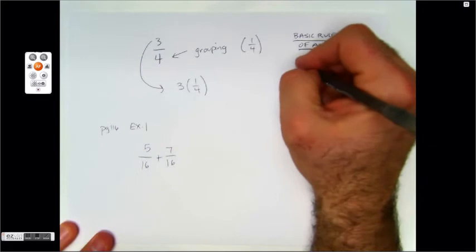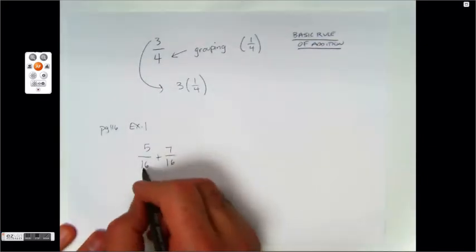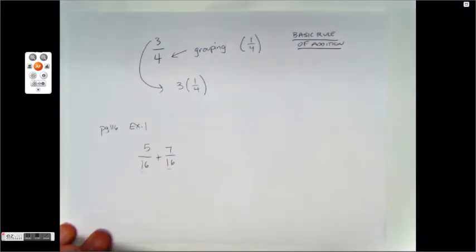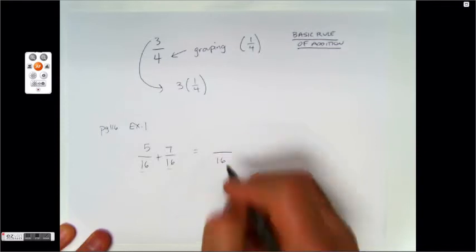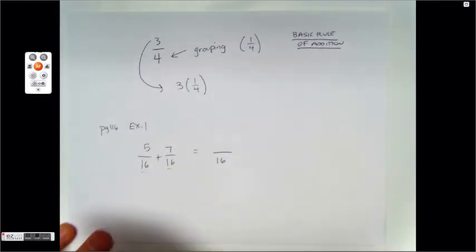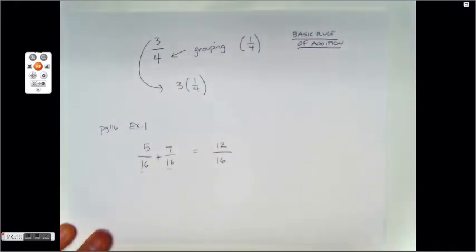The basic rule of addition stated that you can only add things that are alike. We've talked about that many times. Well, let's look at the grouping here. Look at the grouping of 16 and 16, so you can add these together. The way we add them is, the grouping doesn't change. You still have things cut into 16ths, but now you have 5 plus 7 of them. You have 12 of them.